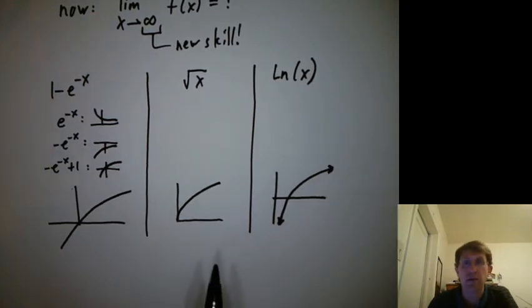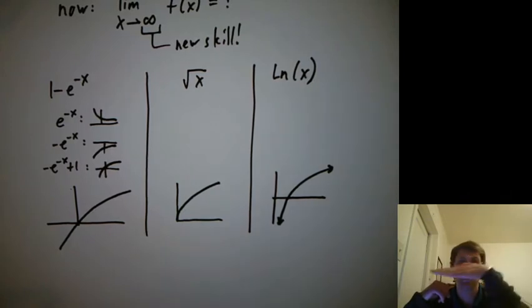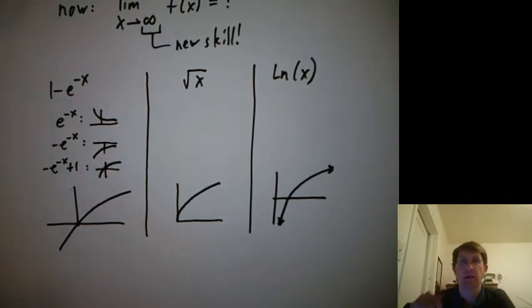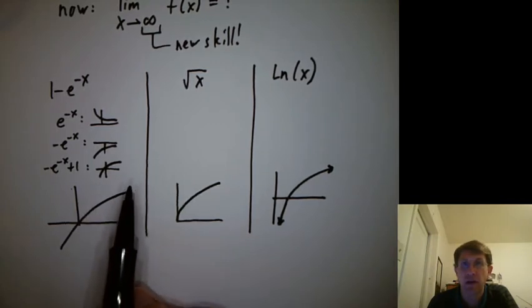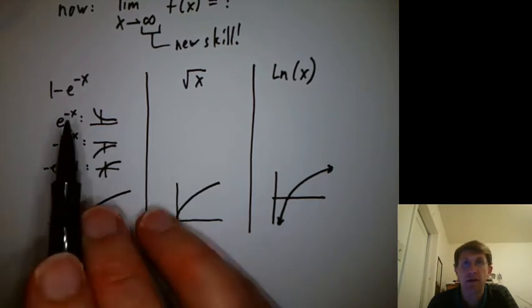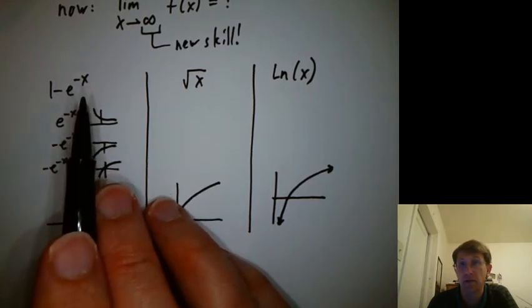So which of these functions is bounded above? Which of these functions can I put a horizontal line above and the function will never go beyond that line? Think about each of these. Well, e to the negative x is never negative, right?